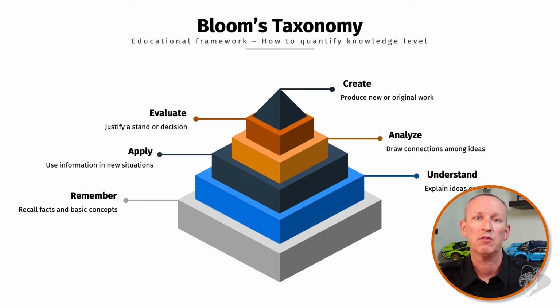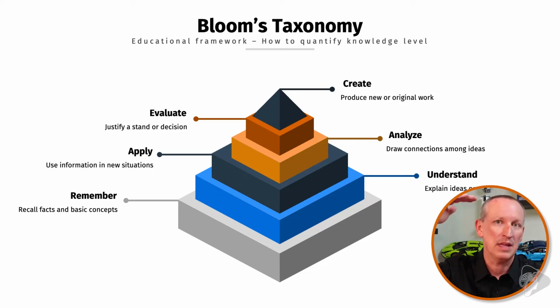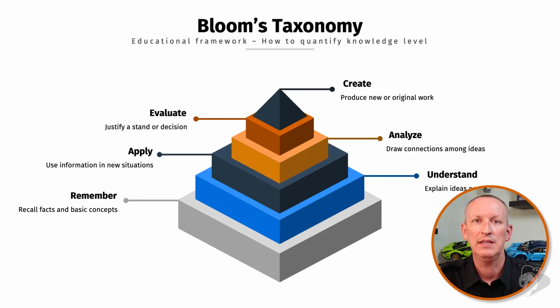These phrases fall across the entire spectrum of the taxonomy. And this means for Microsoft Graph, we're going to focus on the entire pyramid of the taxonomy, all the way from the lower order thinking skills like remember and understand, all the way up to the higher order thinking skills like evaluate and create.